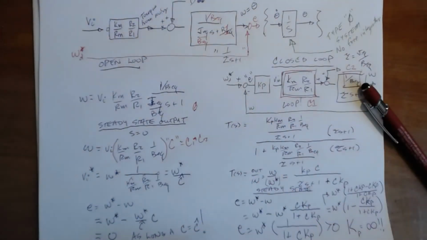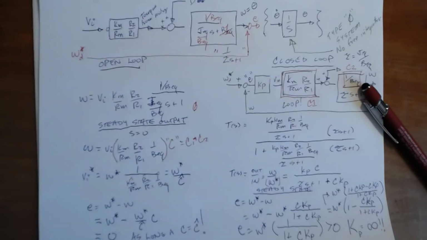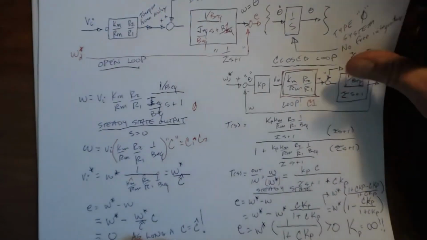So when we look at a motor, when we're trying to make it go to a specific position rather than a specific velocity, we see that there will be one free integrator, and we're going to call that a type 1 system.